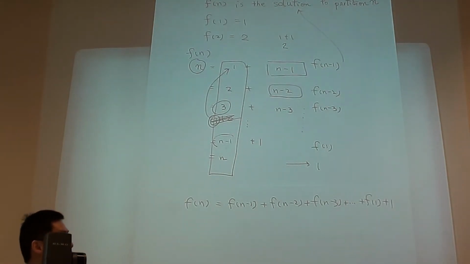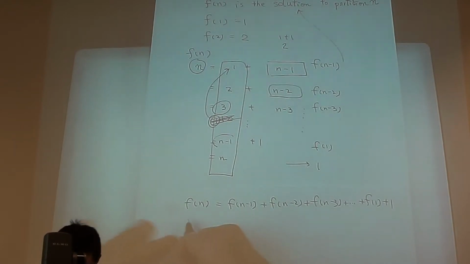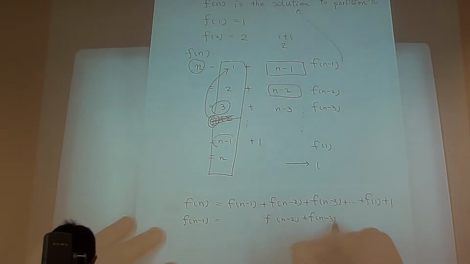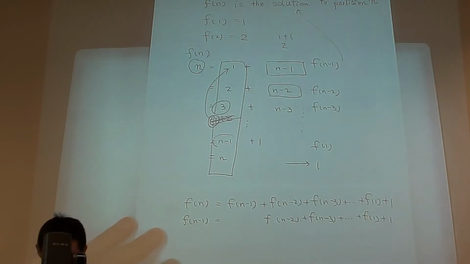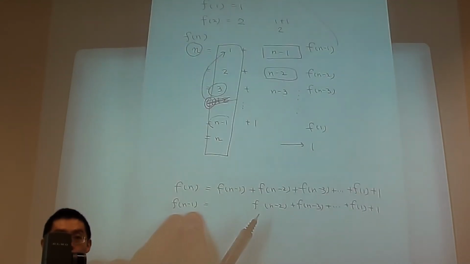We can actually write a closed form for this equation. So I will write f of n minus 1 is f of n minus 2 plus f of n minus 3 and so on, right? I simply replace n by n minus 1.